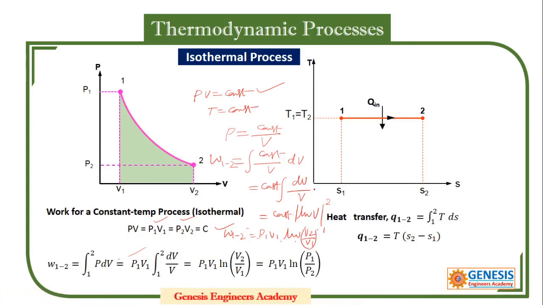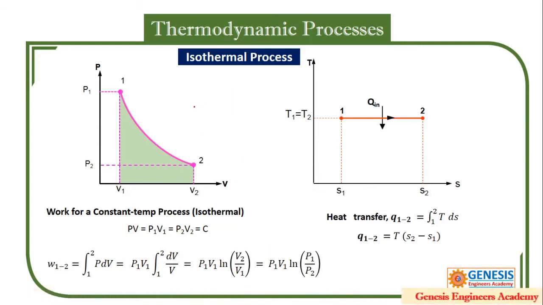whatever it may be. Okay, so next, this equation can also be written like this. In this equation, I repeat, ln V2 by V1 can be written as the total value.